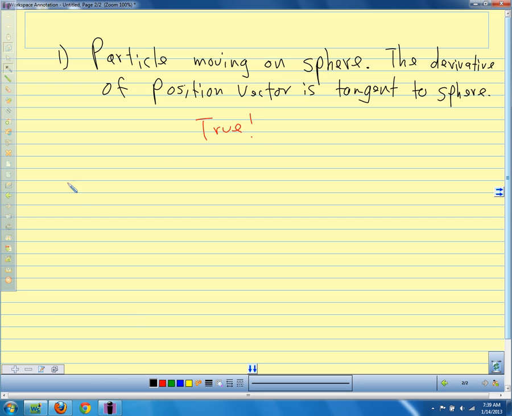All right, our second little thought question. The definite integral of a vector value function, VVF for short, is a real number.